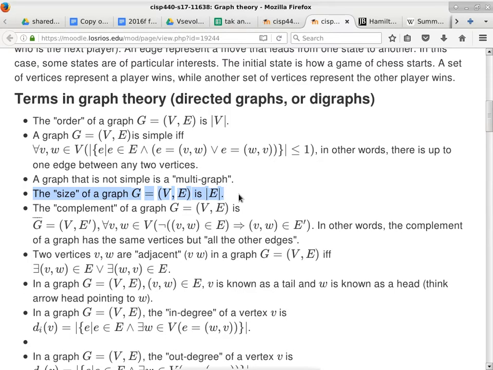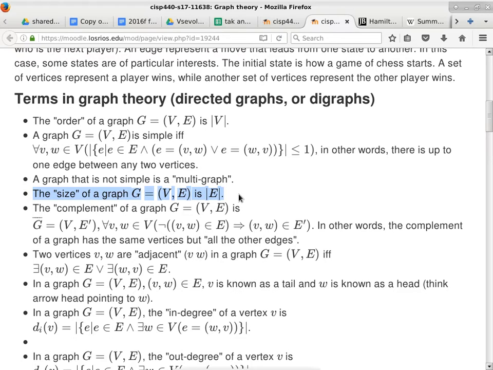So this bound has to be there. When we have those rules, you cannot have an edge going to the vertex itself, and it's a directed graph, then this is the upper bound of the number of edges. But the number of edges can be anything less than or equal to that number.